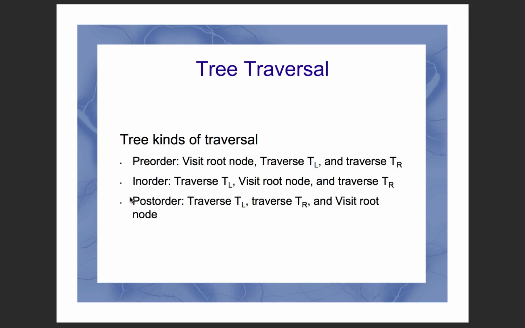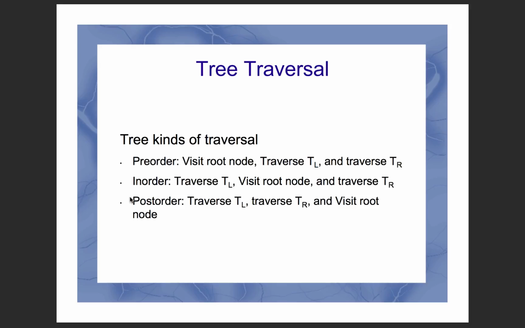Pre-order means that you visit the root node first, then traverse the left subtree, then traverse the right subtree. In-order means that you traverse the left subtree first, then the root, then the right subtree. Post-order means you traverse the left subtree and right subtree, and finally you go to the root node.